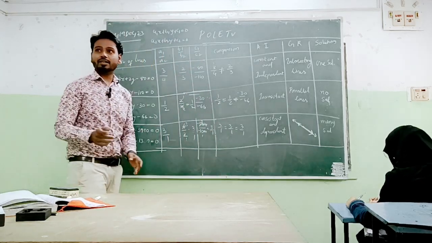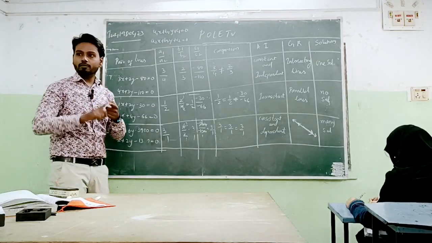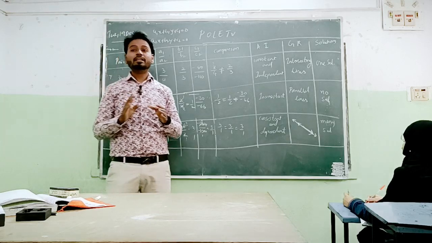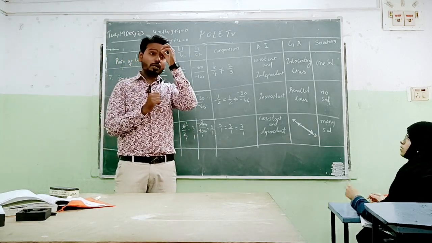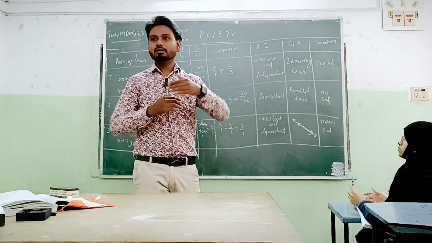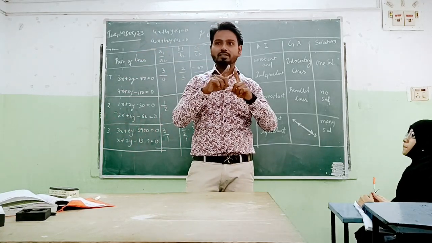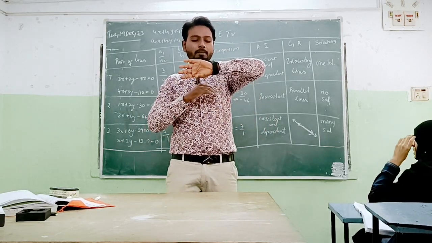So now let's recall the three situations that we'll see. First is a1 by a2 not equal to b1 by b2, so lines are intersecting. Second, a1 by a2 is equal to b1 by b2, lines are parallel.